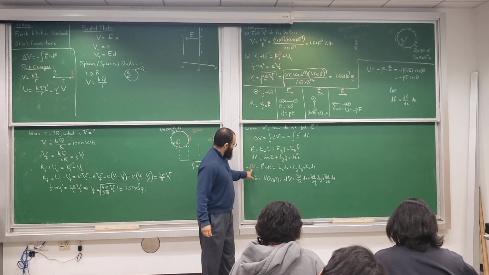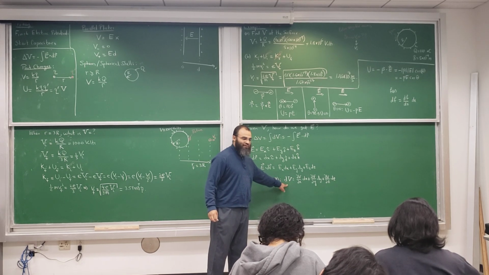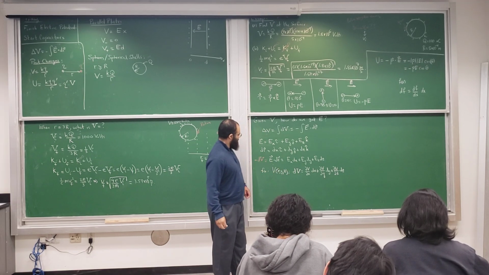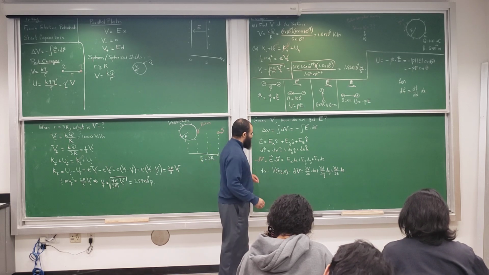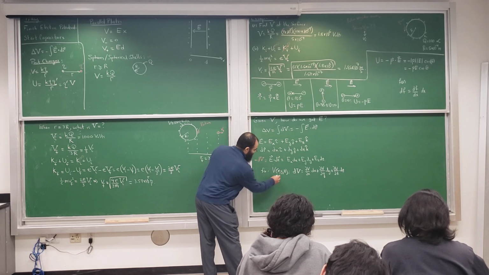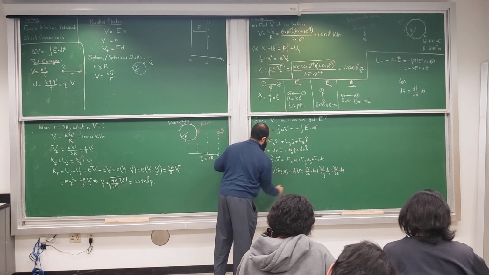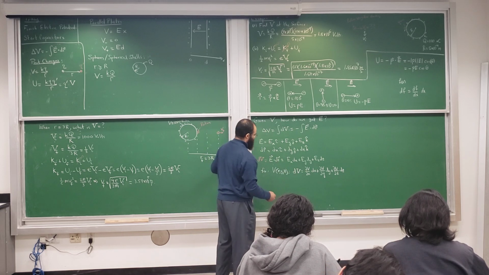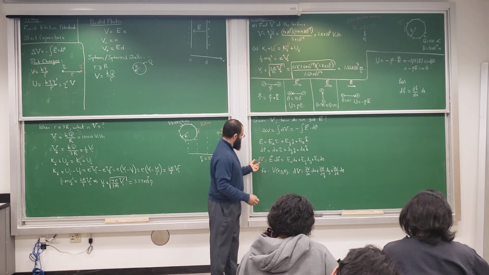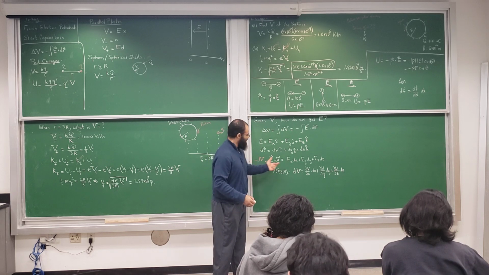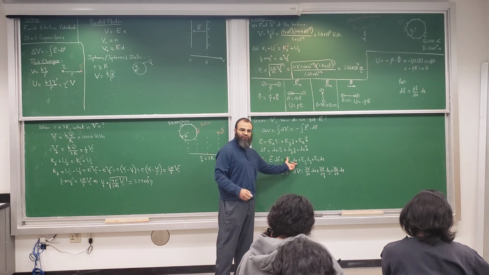So now let's compare this one and this one. What do you notice? Let me write them side by side. This is dV, it's there. And let me write below it, here is dV also. dV is this, or the negative of that.